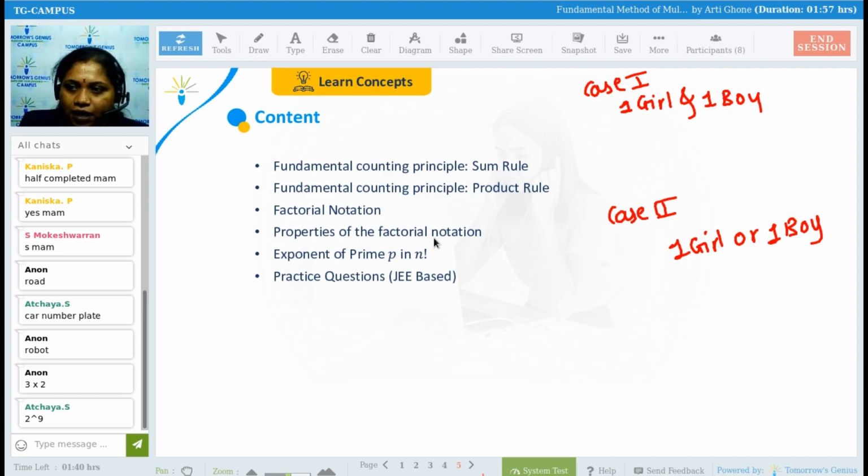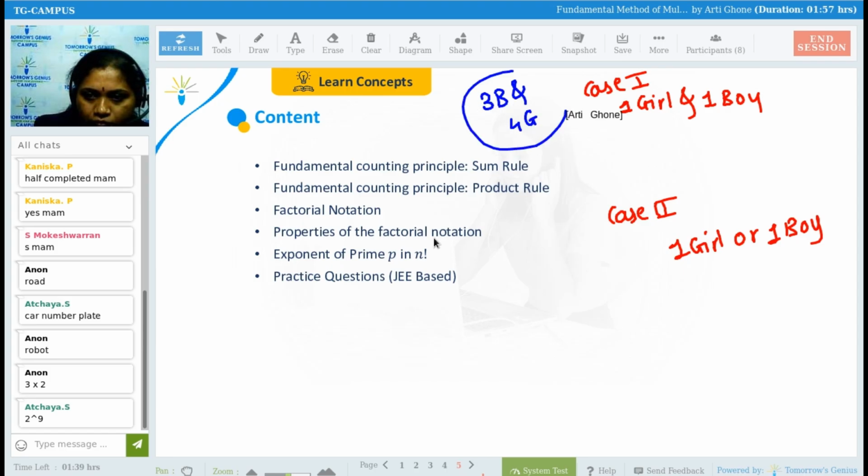Think on this. Currently I have 3 boys and 4 girls. What will be the answer of case 1?